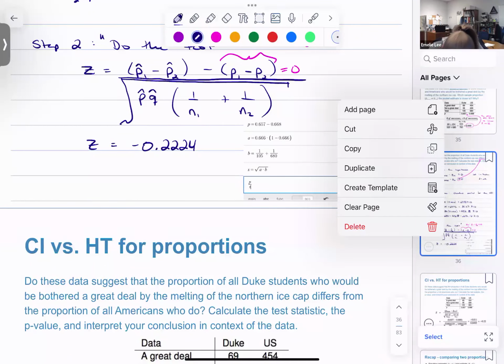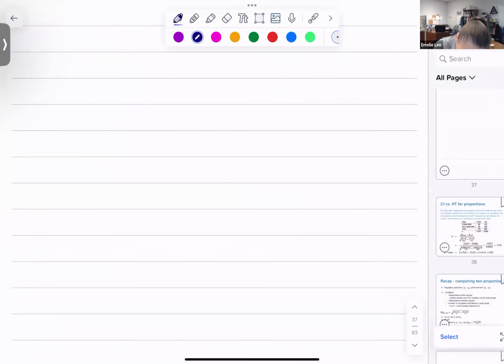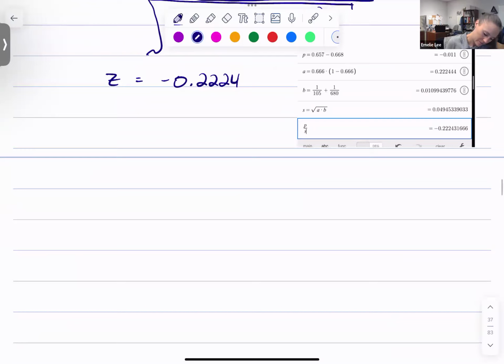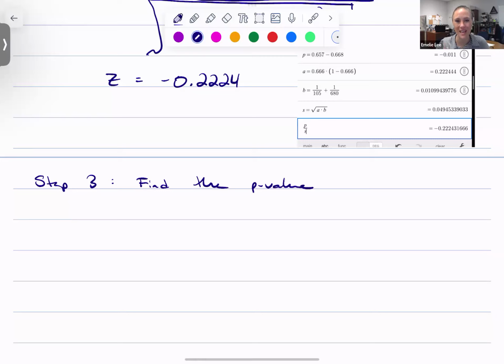Okay. So now in step 3, find the p-value. Now that I have a Z, I use the same methods as I used before, right? I'm going to say the absolute value of Z equal to negative 0.2224 is somewhere between values on the t-table.